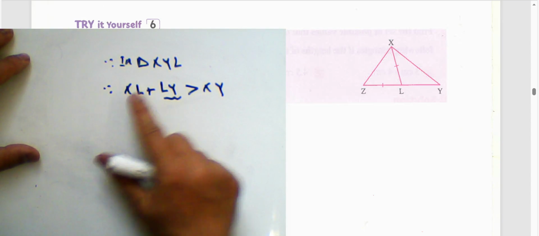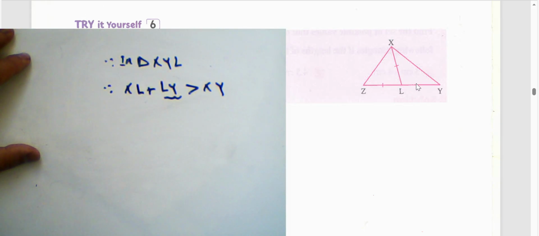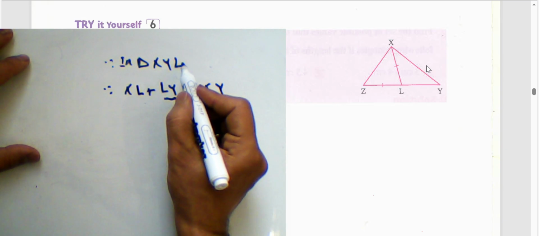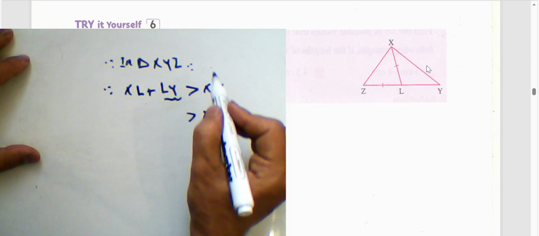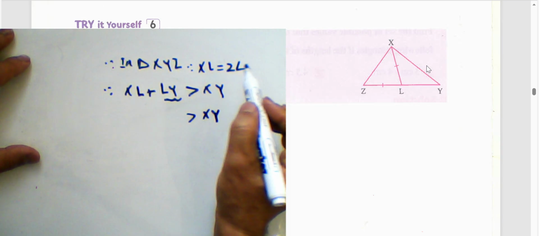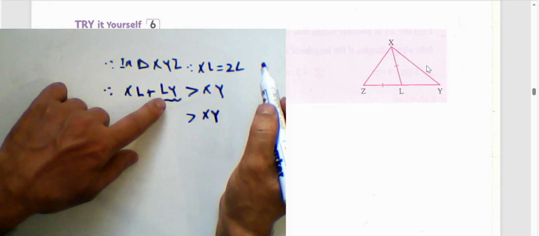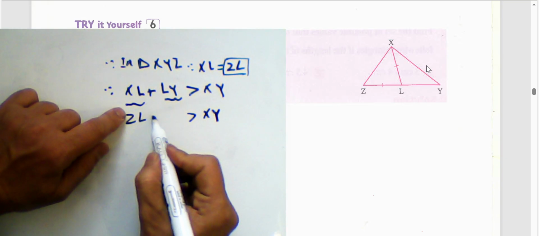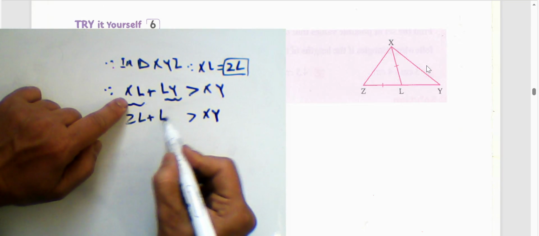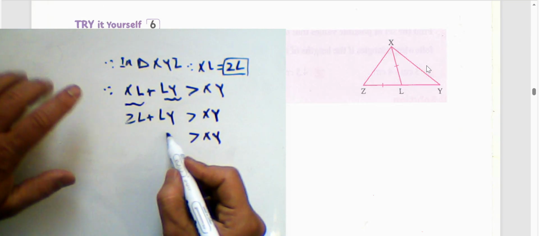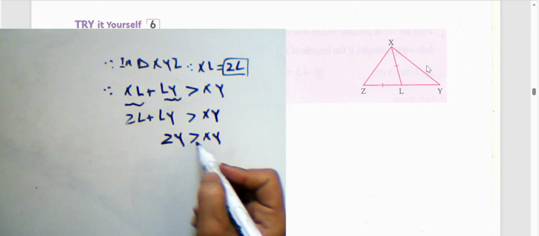We have XL plus LY greater than XY, and such that XL equals ZL. You can cancel XL here and write ZL. Then ZL, equivalent to XL, plus LY is greater than XY. ZL plus LY will be ZY. Then ZY is greater than XY.